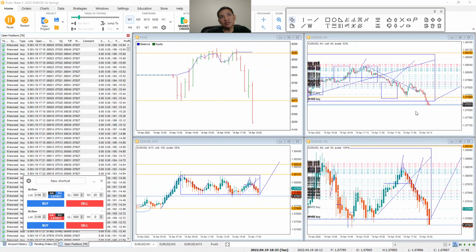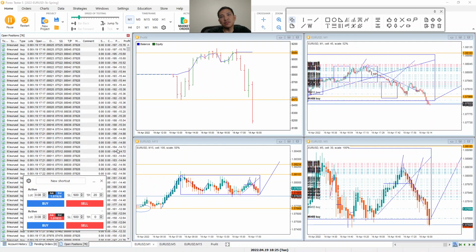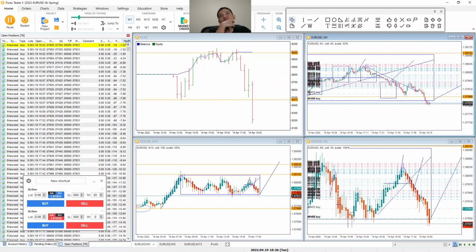So as prices goes down, my drawdown will continue to go down. And I have to kind of cut. So I have to cut my losses now. It's pretty big, 15 here, 18 pips.